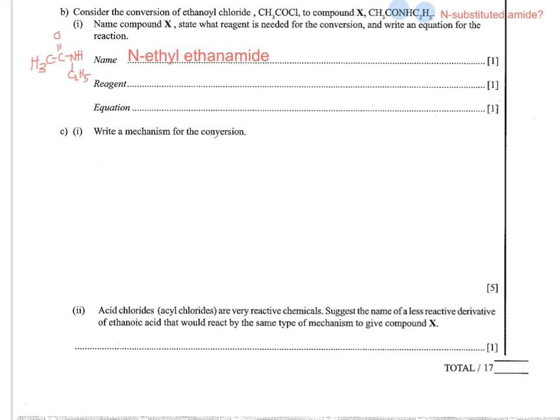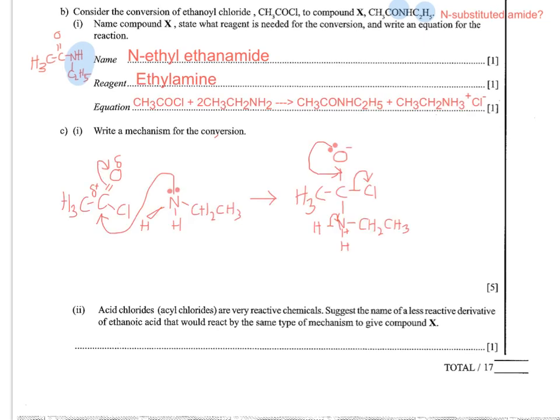Now because it would react in response to a nucleophile, it would have to be a nucleophile as the reagent, because we've been talking about nucleophilic addition-elimination. So a reagent would have to be a nucleophile, so it would probably have to be something like ethylamine, because that's what you'd have to react with the C double bond O. So what you're thinking about here is what would you need to put that onto the C double bond O. So as per normal, I take my lone pair from the oxygen, I regenerate my pi bond to regenerate the double bond.